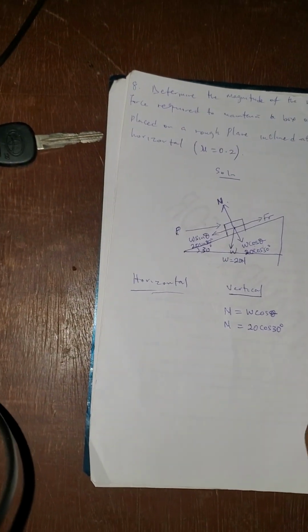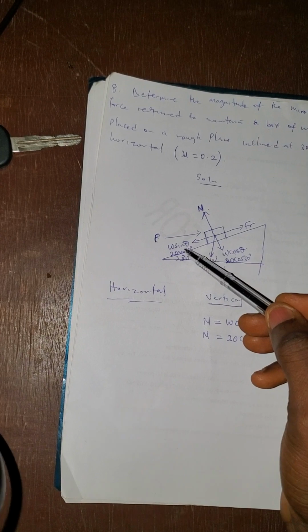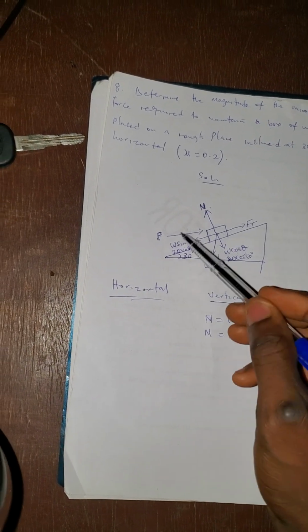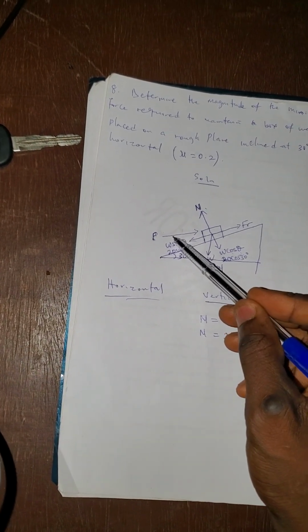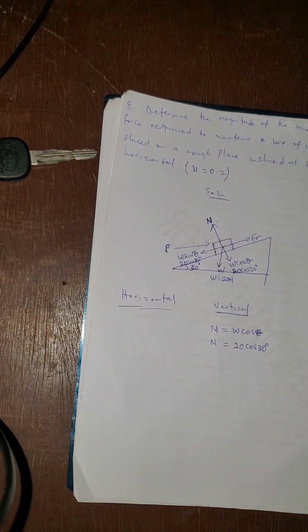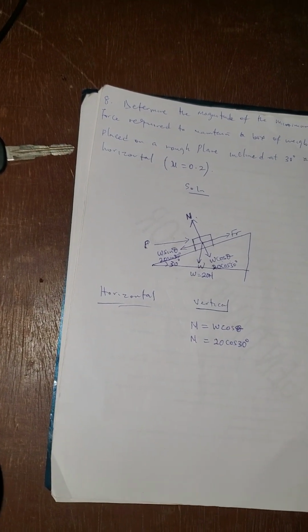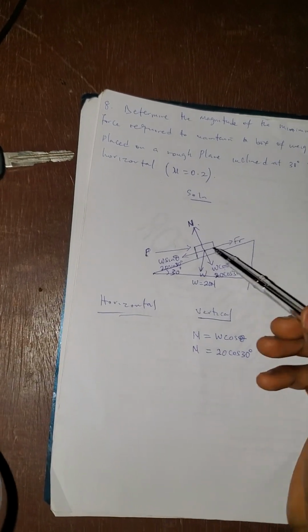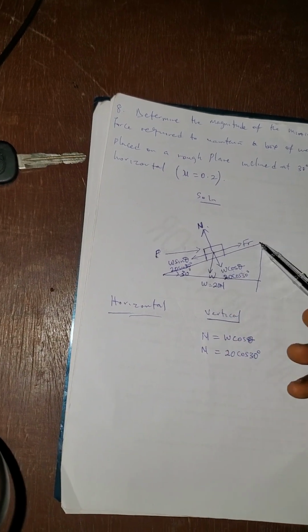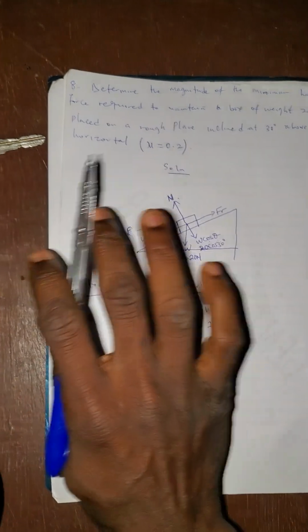But if you get the horizontal here, horizontal is this and this are equal, but we have an additional applied force here. So if you check this very well, you will observe that both the applied force and the frictional force are facing the same direction, because it's just to hold it.